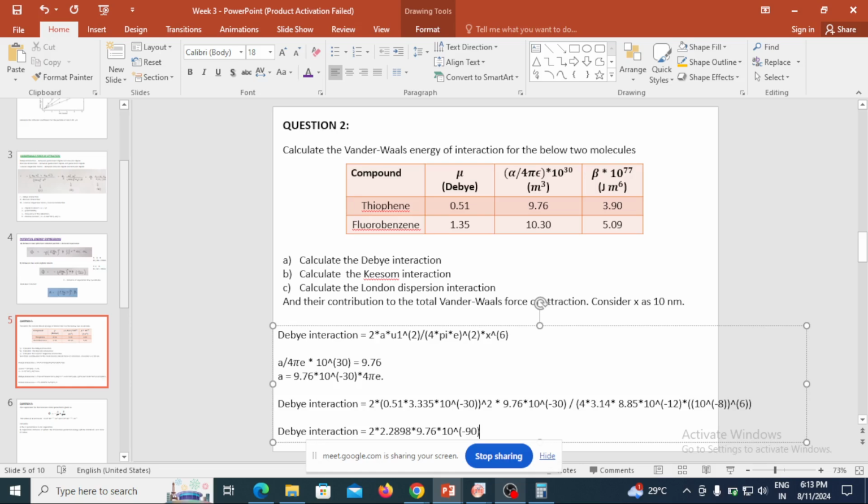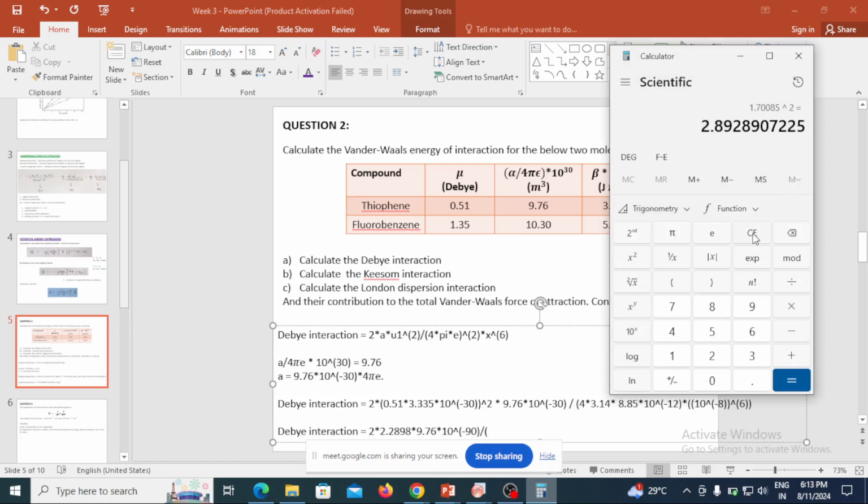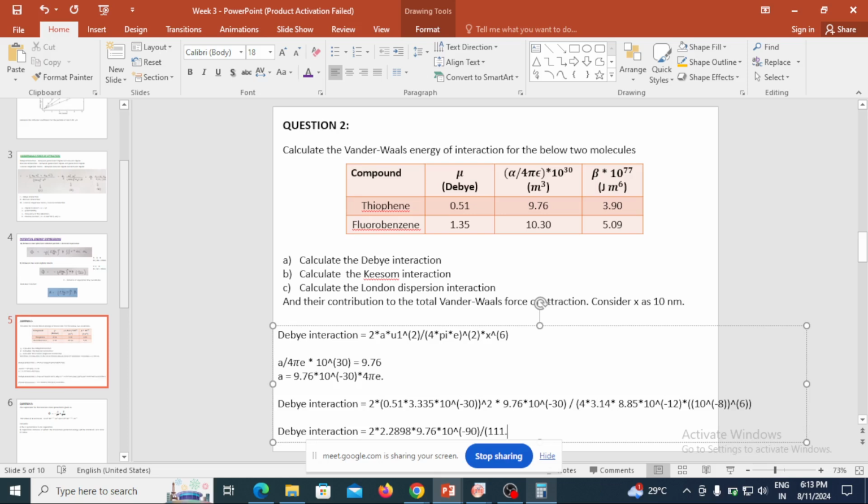Divided by, coming to the denominator, let's just multiply the ones without the power. 4 times 3.14 times 8.85, 111.156 times 10 power minus 12, and here you have 10 power minus 8 the whole power 6.